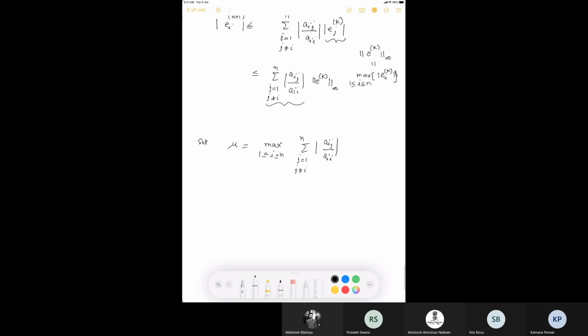So from this equation, we can write that ei k plus 1 is less than or equal to, so note that this factor, which is the same factor here, and mu is nothing but the maximum of all these factors, right? And here I have it for a particular i. So this factor is always less than or equal to mu. So we have got this relation.